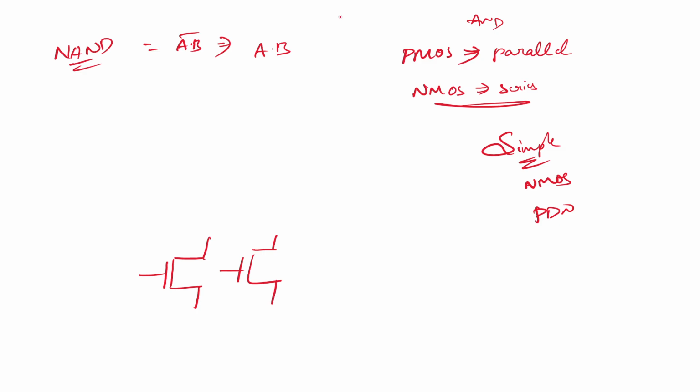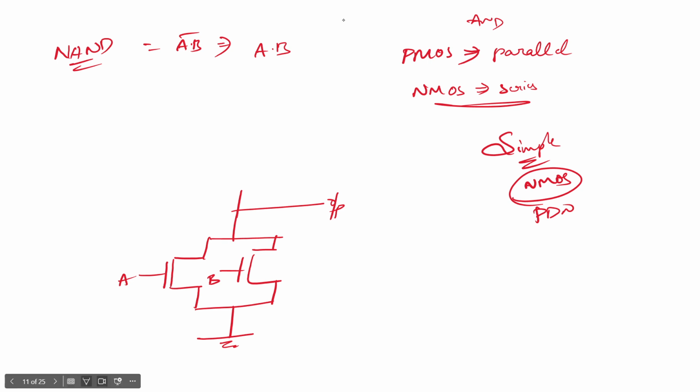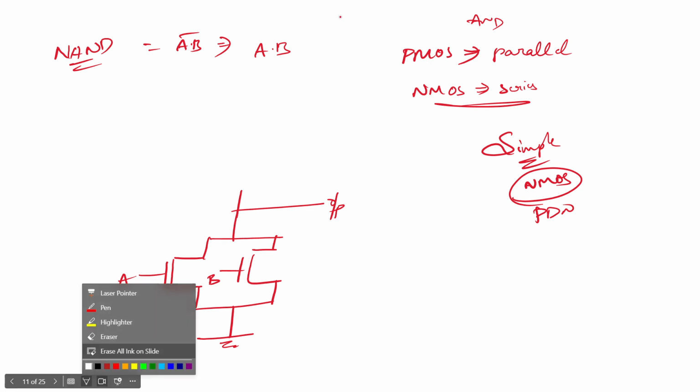So the ground and there will be an output here. So coming to the pull up, A, B. NMOS is always complementary to the PMOS. So if there is series, sorry, I connected wrong. One minute, I will erase.